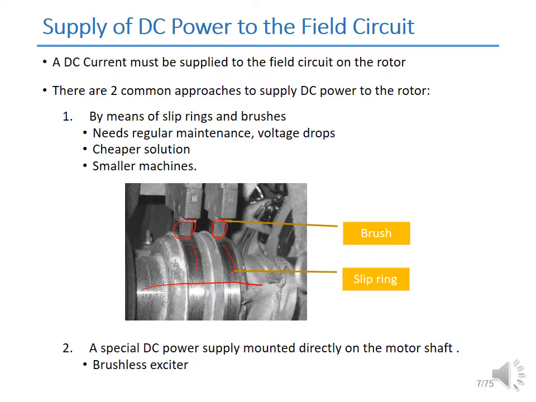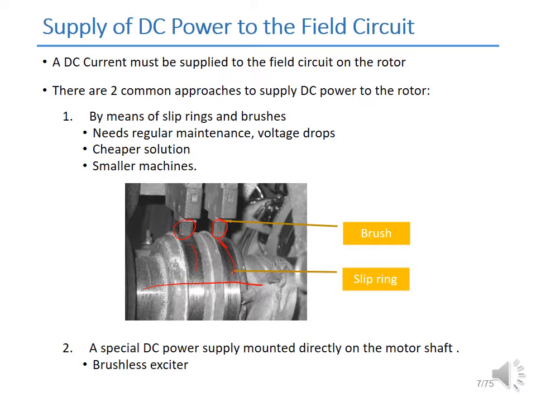The characteristic of this approach is that it needs regular maintenance, because these two brushes will get worn out as they rub against the surface of the slip ring. However, this is a cheaper solution, and normally we use this method for smaller machines.